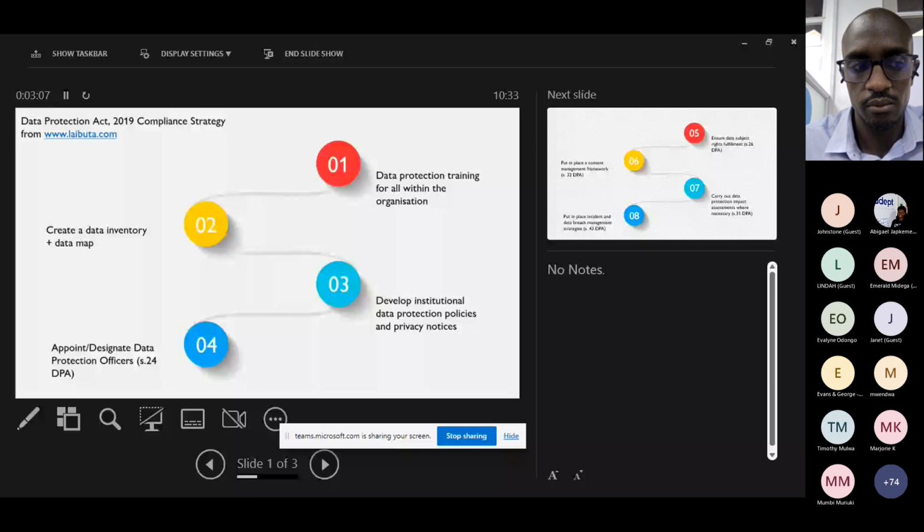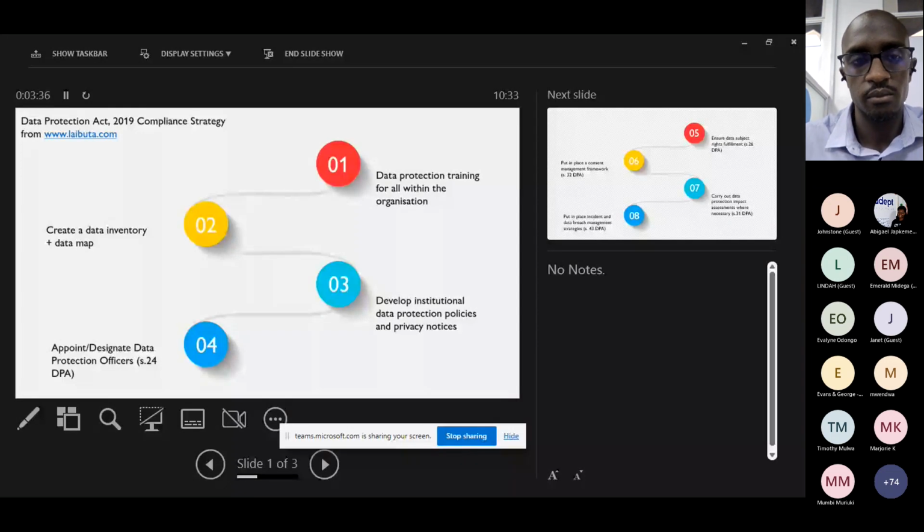A privacy assessment really looks at the points that I'm going to talk about today. Or you can carry out a privacy impact assessment, or a data protection impact assessment. So it's important to distinguish between a privacy assessment, a privacy impact assessment, and a data protection impact assessment. A privacy assessment and privacy impact assessment look at the whole organization and their level of compliance.